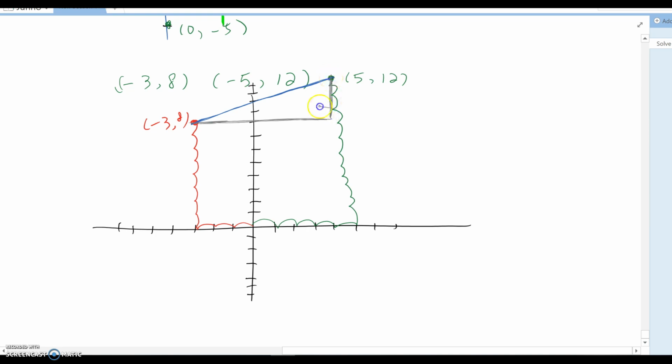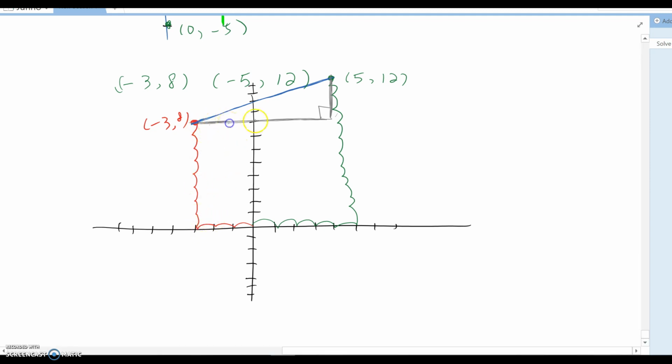Then you may think of this as the run and the rise like that. So then let's find the total length between 2 axes. So we just count it.